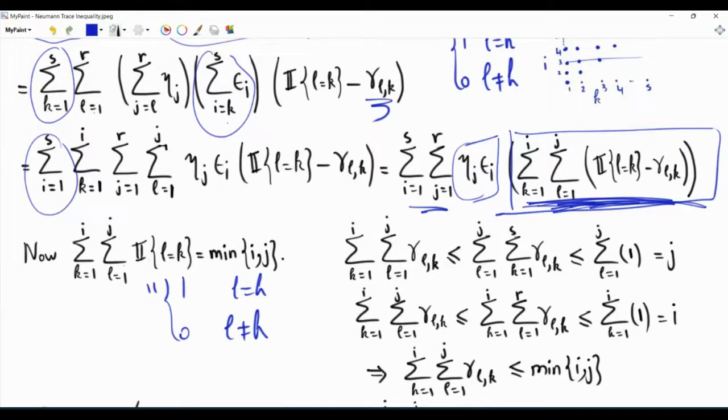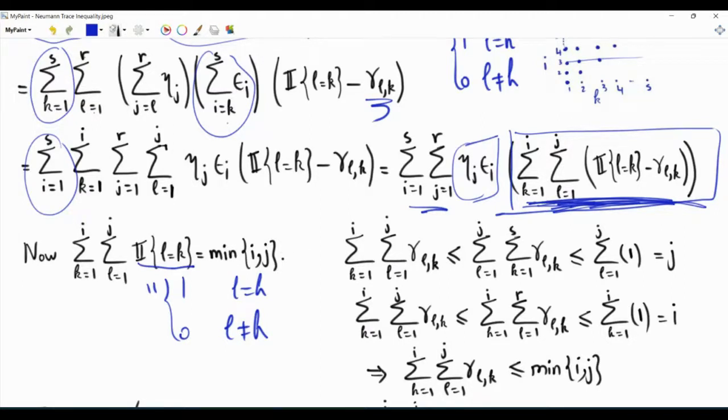How many terms are equal to 1 in this double sum? When L is equal to K is equal to 1, L is equal to K is equal to 2, all the way to the minimum of I and J. So this double sum is exactly equal to the minimum of I and J, because we have a term of 1 only when the two indices are equal, 0 otherwise.